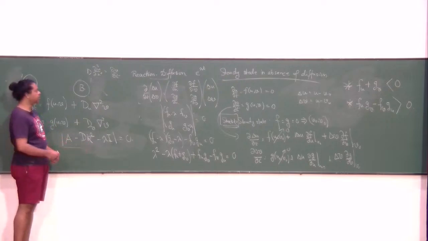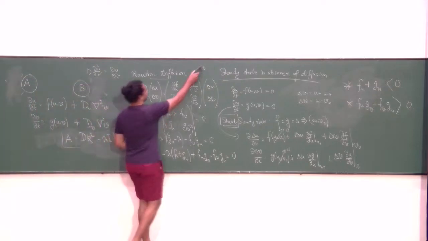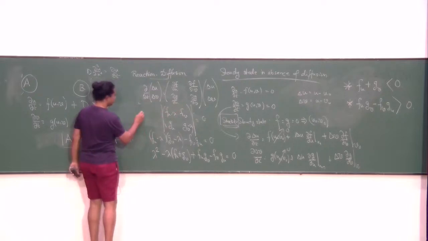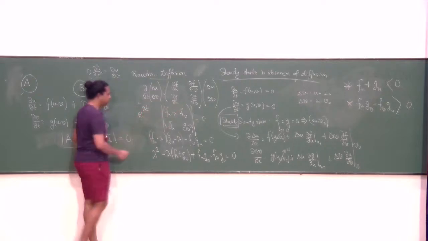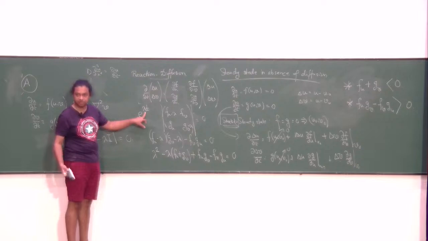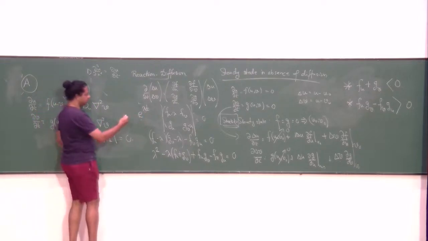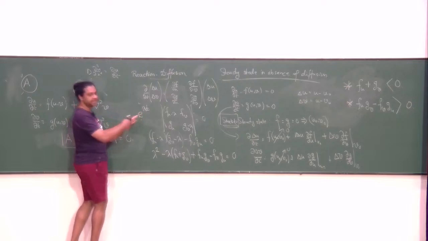So essentially, what are we doing? Earlier, in the absence of diffusion, we had trial solutions of the form e to the power of lambda t, and we saw whether lambda was increasing or decreasing. Now, because I have a spatial component, the most basic way is separation of variables, right?